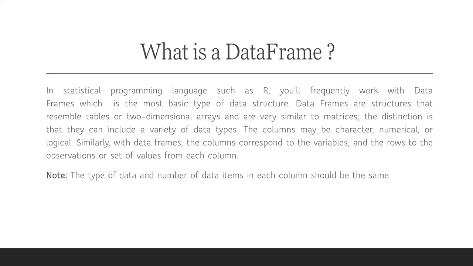The columns may be character, numerical, or logical. Similarly, with data frames, the columns correspond to the variables, and the rows to the observations or set of values from each column. Now, one important point to consider here is that the type of data and the number of data items in each column should be the same.